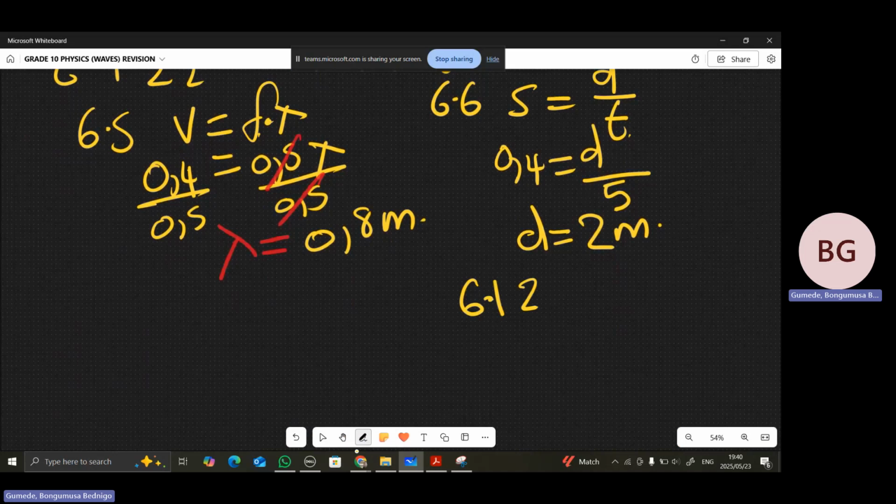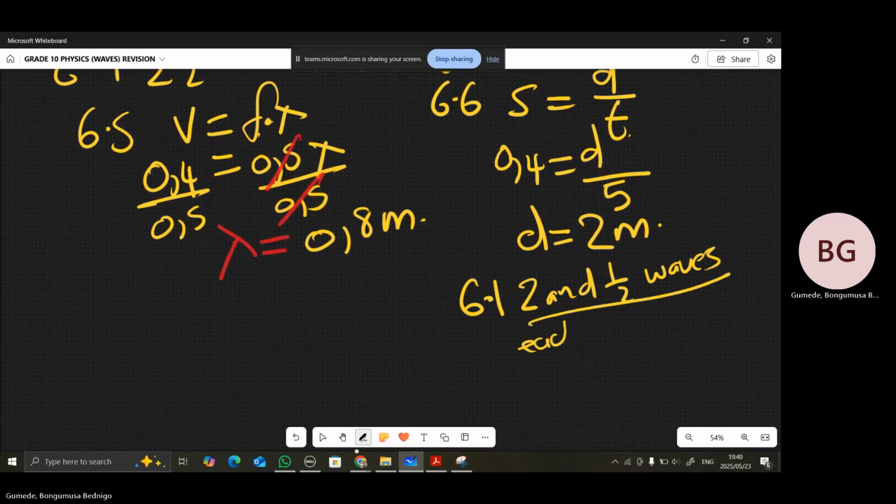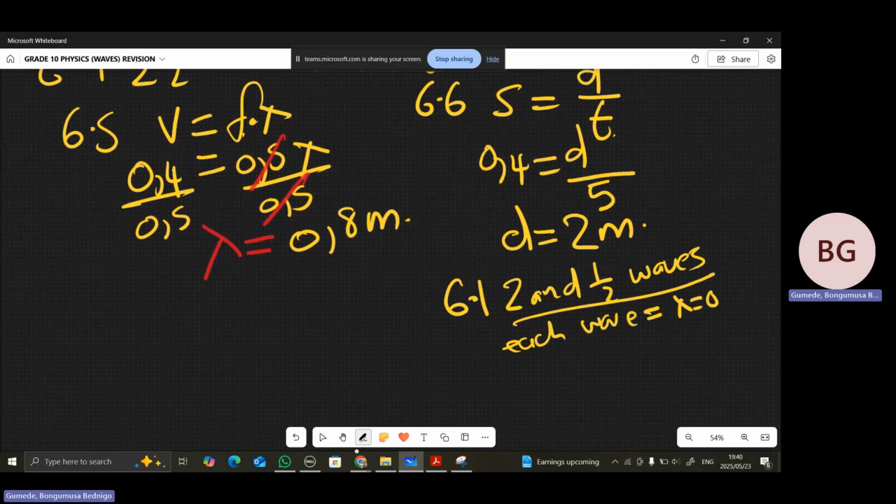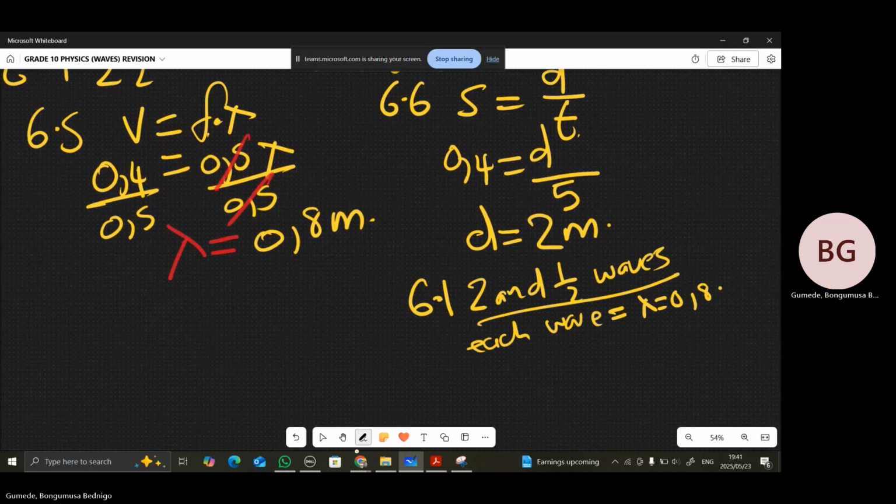So we have 2.5 waves. Each wave has a wavelength that is equal to 0.8. If we add this wavelength, we are going to have 0.8 plus 0.8.